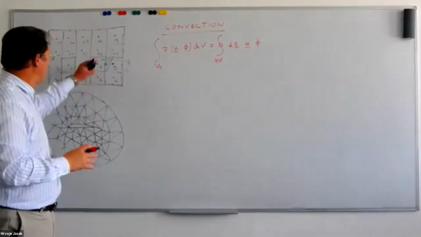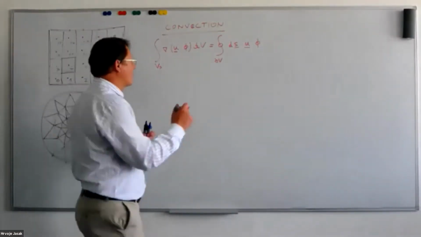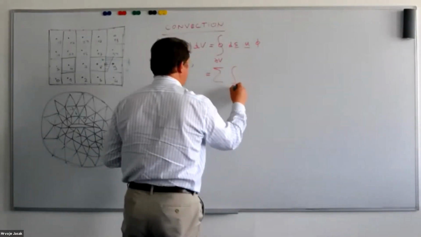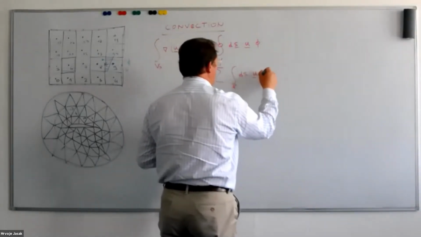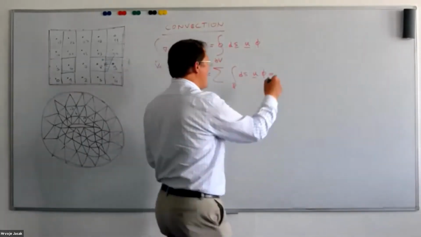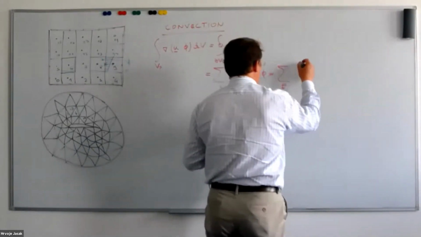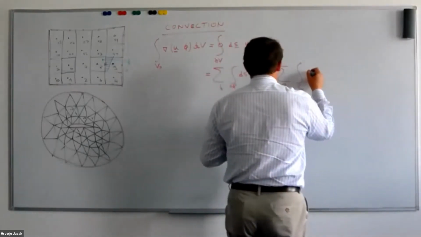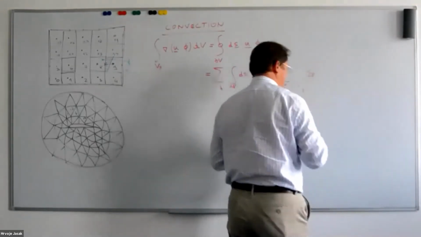And recognizing that my surface is created as a series of faces, I'm going to convert that into the sum of the face integrals of ds dot u phi, or again, using the central point value, as the sum over the faces of SF dot U times phi F, where I will lose the integral here.